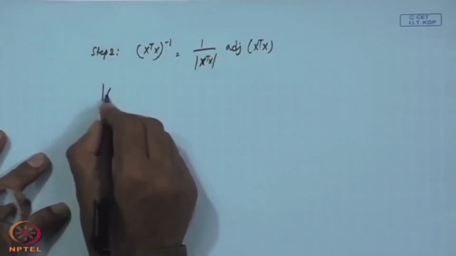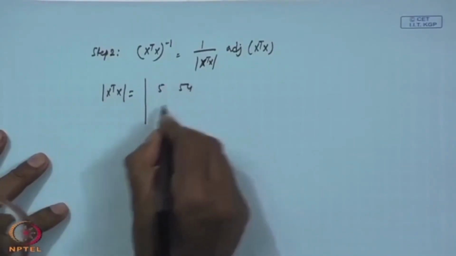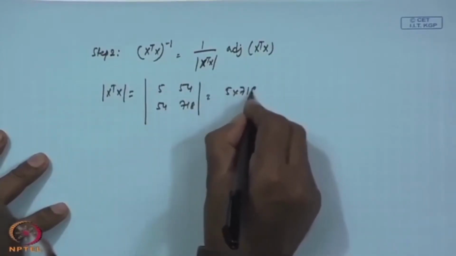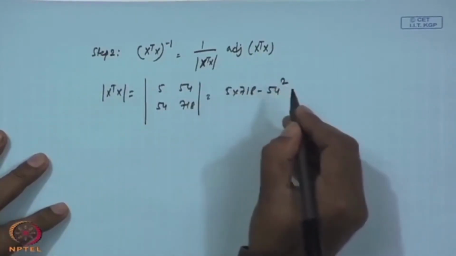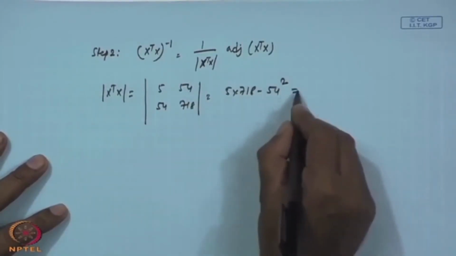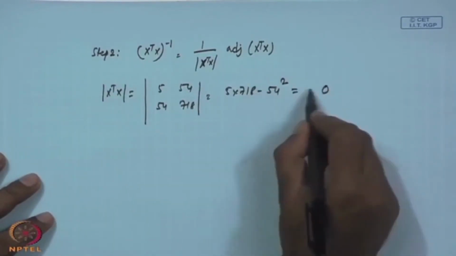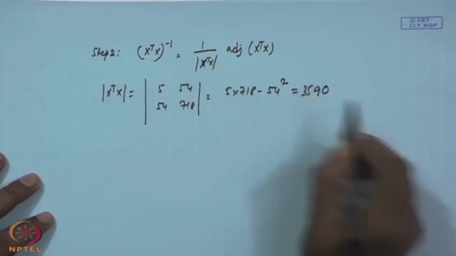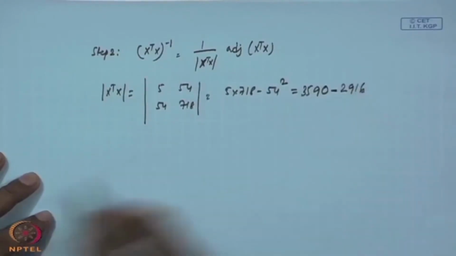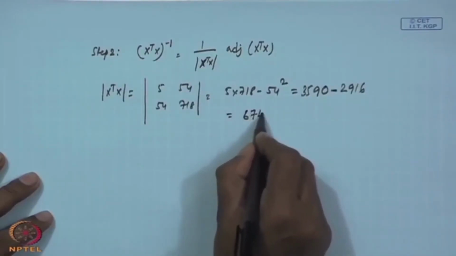So, the determinant of x transpose x equals the determinant of 5 54 54 718, which is 5 into 718 minus 54 square. This will become 5 into 718, how much is it? 3590, minus this quantity, 2916, and the resultant quantity will be 674.